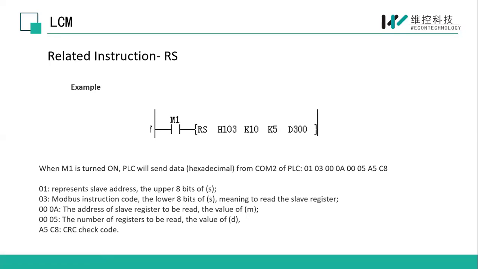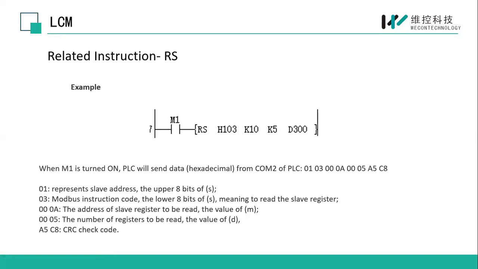And the D300 is the start register. So here, the value of address 10 will be saved in D300.